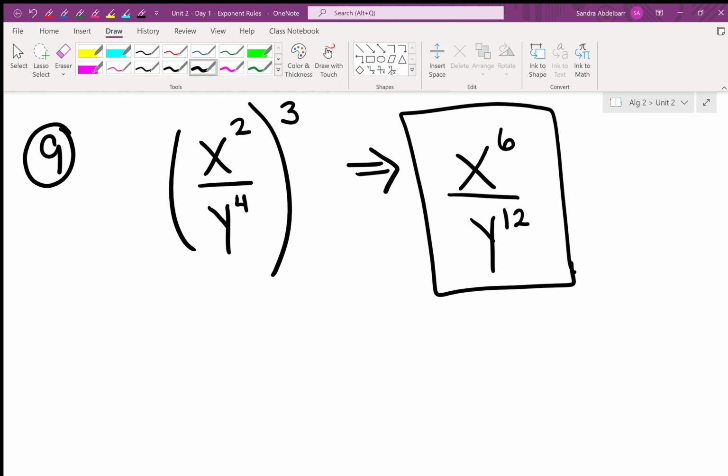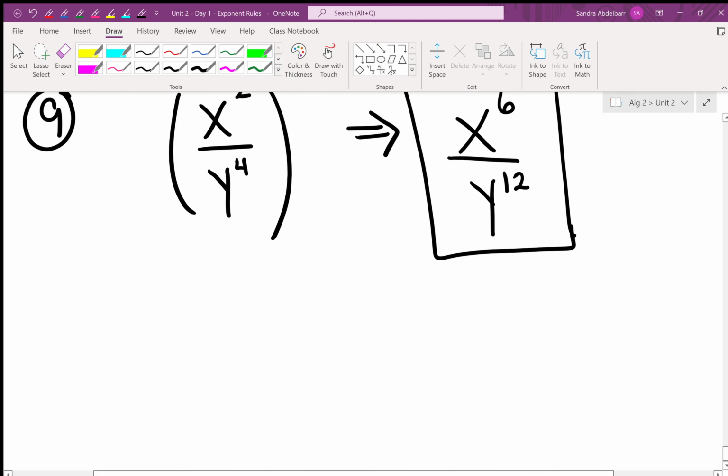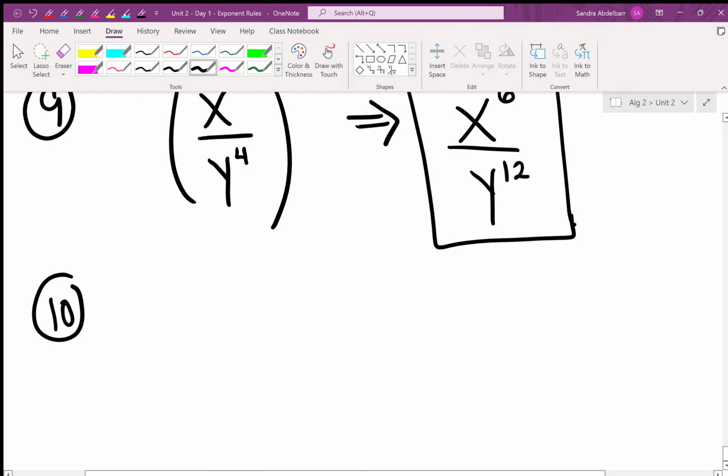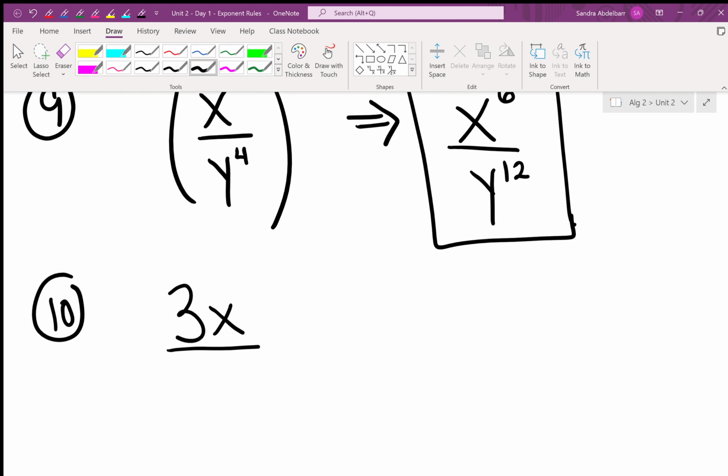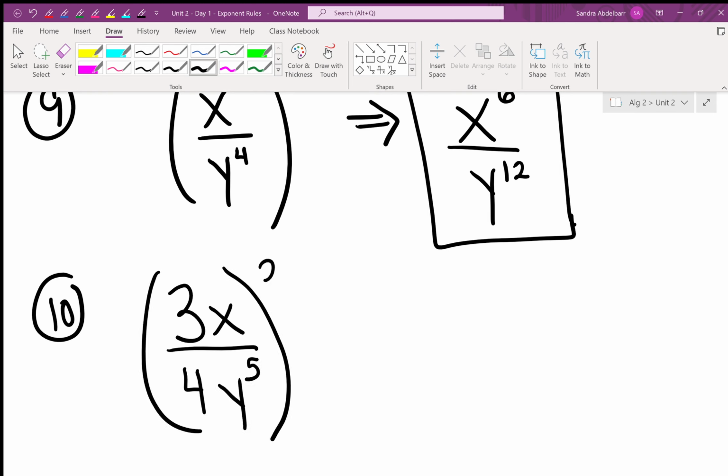Okay, let's do one more here. Let's have 3x over 4y to the 5th raised to the second power.